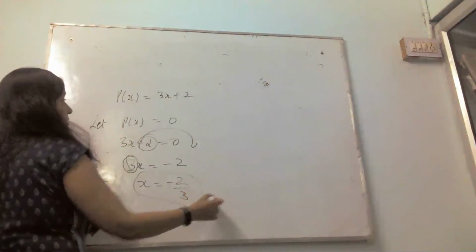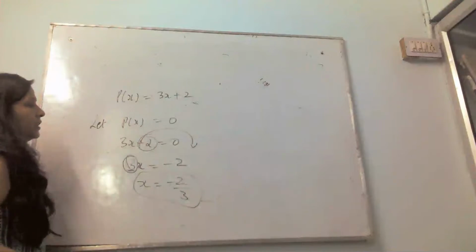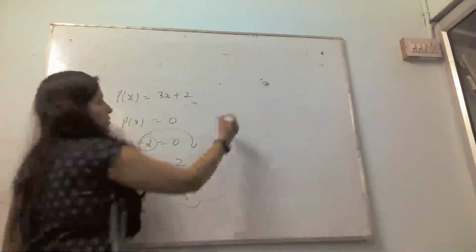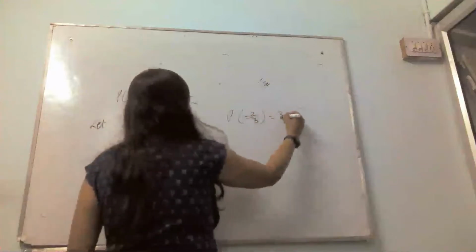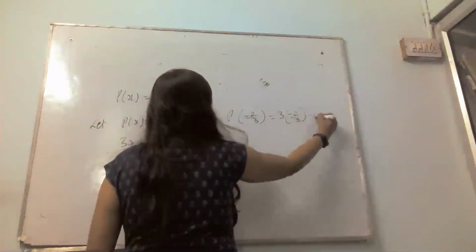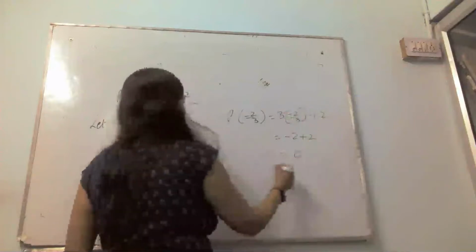If we put this into the polynomial, we will find that the answer is 0. Let us check: 3 times minus 2 by 3 plus 2, minus 2 plus 2, 0.